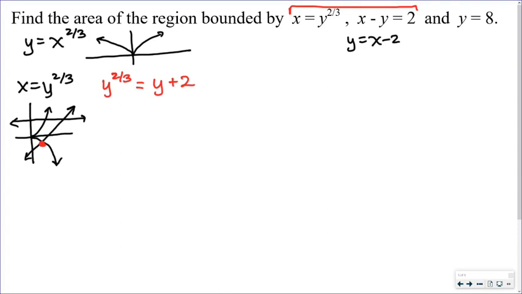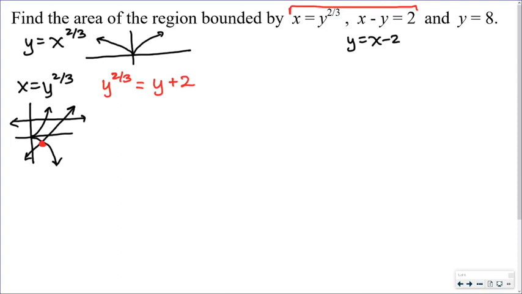That actually looks a little bit messy, but I can see right off the bat where that's going to be. That's going to be at (1, -1). So this is a true statement when y is -1, right? You can see there's only one intersection point from the graph.